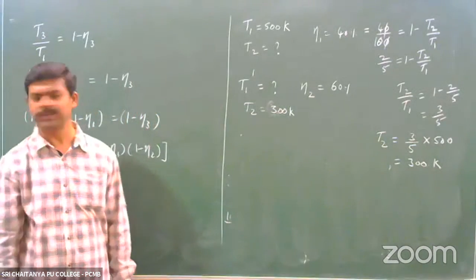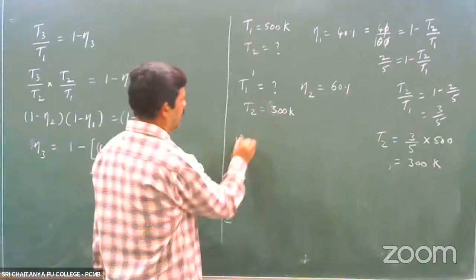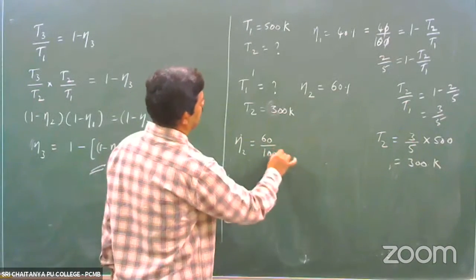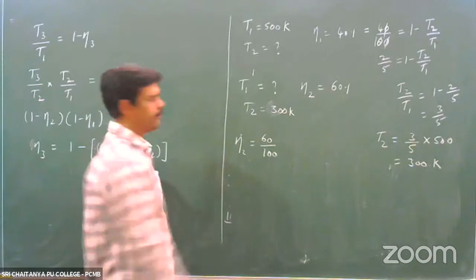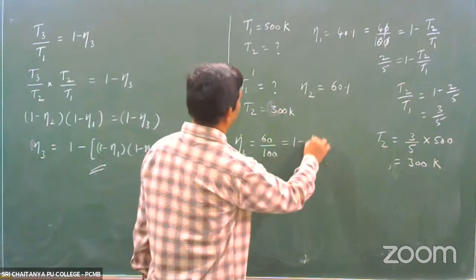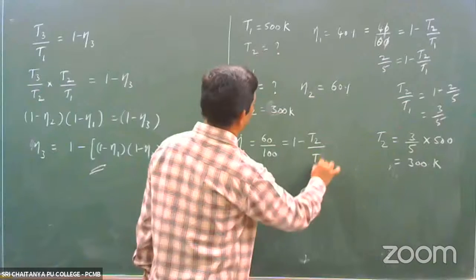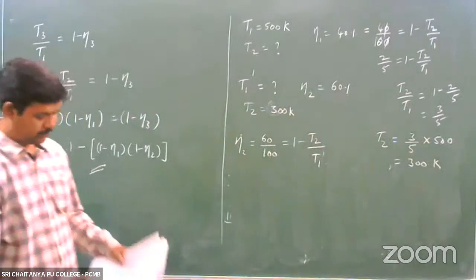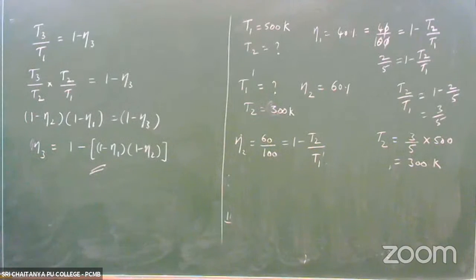You can calculate. See, efficiency 60% means 60 by 100 is equal to 1 minus T2 by T1 dash. You are asked to calculate T1 dash. Calculate.